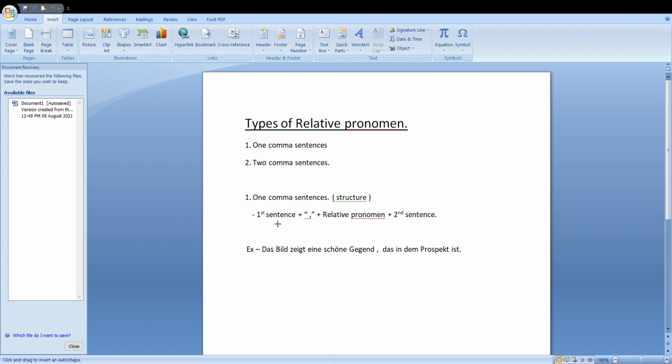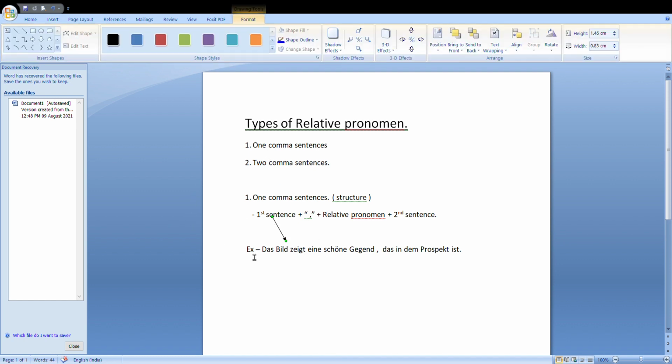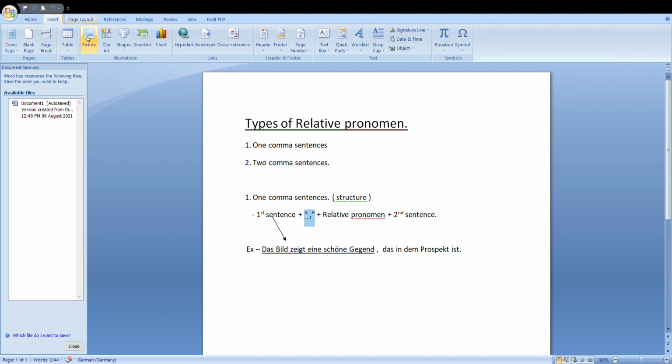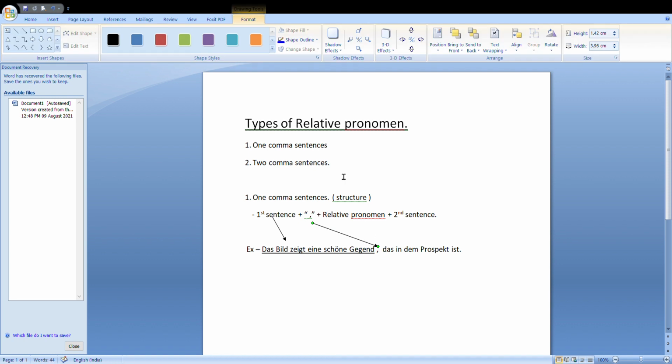This is our first sentence, das Bild zeigt eine schöne Gegend. Then we have the comma here.